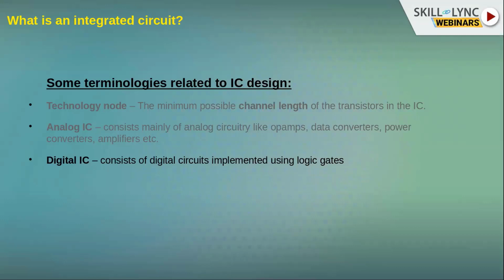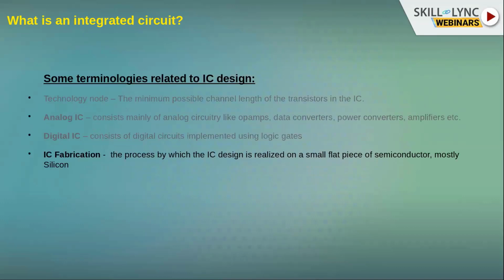However, most SoCs, or systems on chip, and ICs with some form of programmability or intelligence have a mixture of both analog and digital sitting inside the IC. They are called mixed signal ICs. Now coming to another terminology, IC fabrication. Most of you might have heard of IC fabrication, which is basically the process by which an IC is made physically.